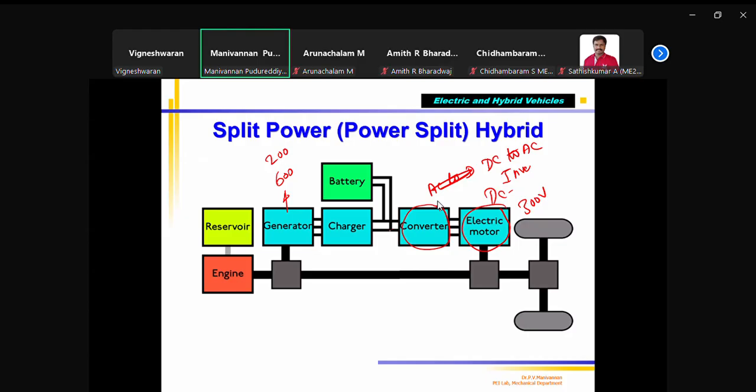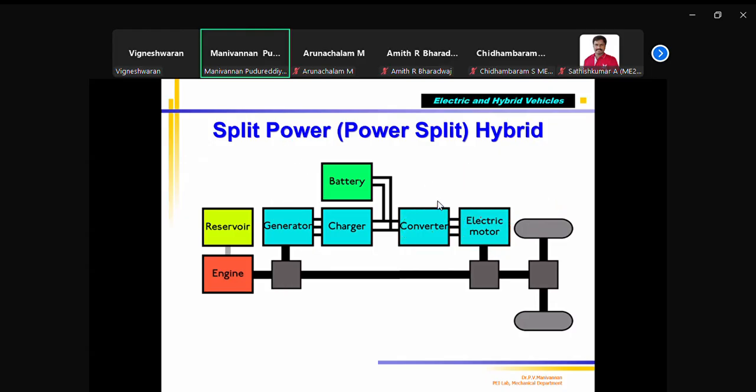Current rating will be different. So appropriately convert the voltage from 600 volt to 300 volt, stepping down. That is done by the converter. Similarly, if it is a lesser voltage, 200 volt, and you want 400 volts, the converter will amplify 200 to 400 volts and supply to the electric motor. Correct? So that's how it works.